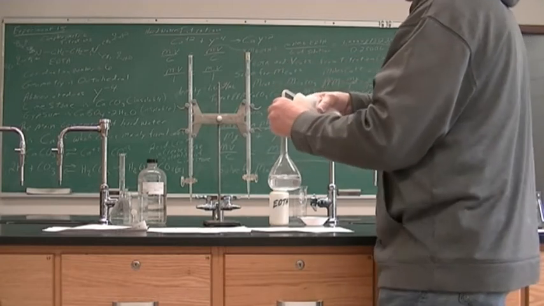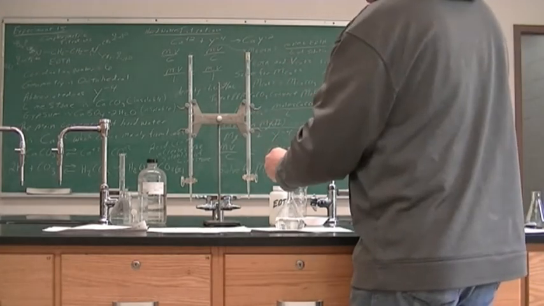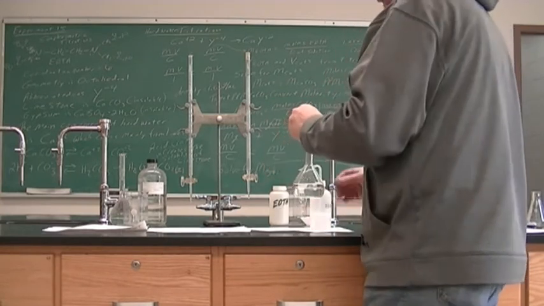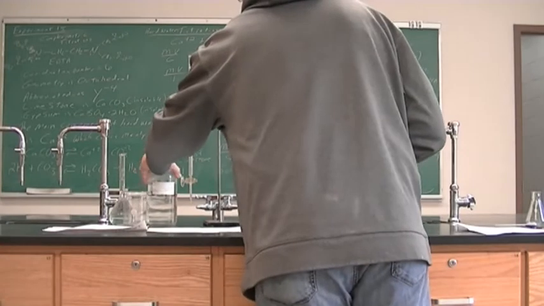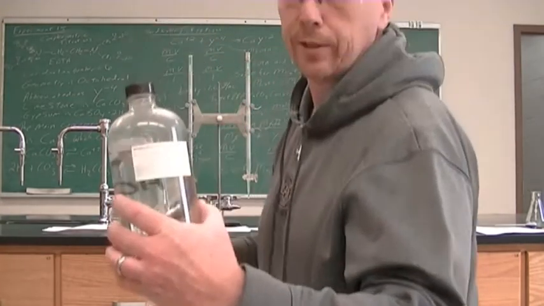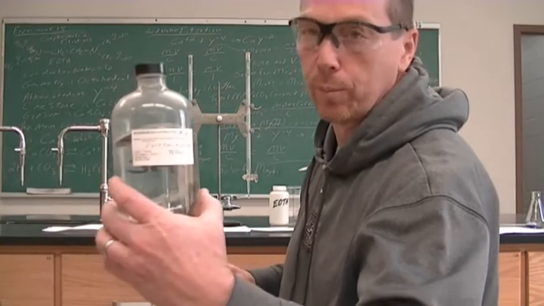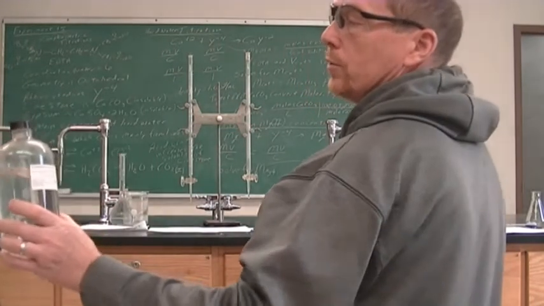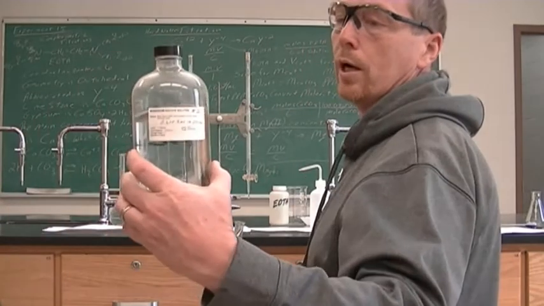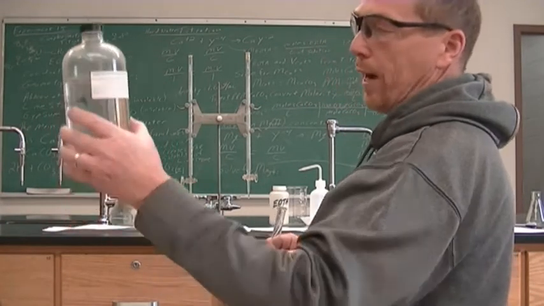So for our unknown, which is over here, I pipetted 5 mils of our magnesium sulfate unknown, and this is unknown number 2. This is our magnesium plus 2 unknown, and I took 5 mils out of here.